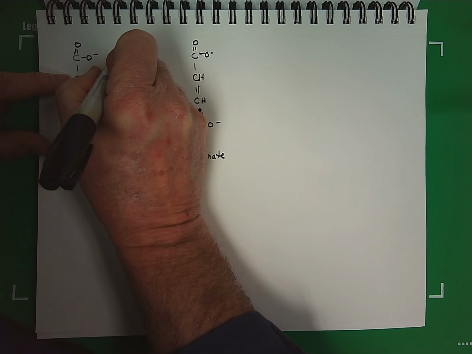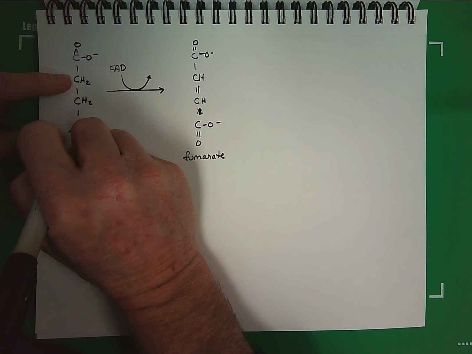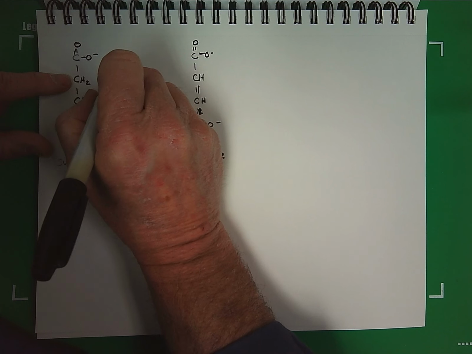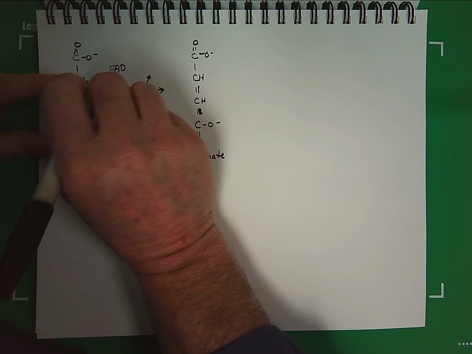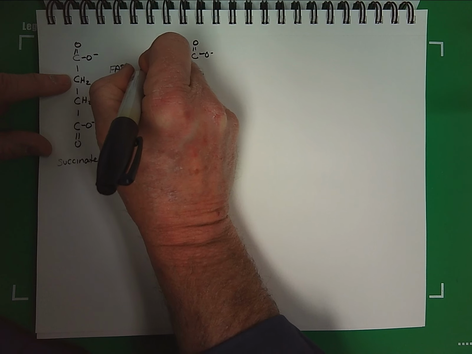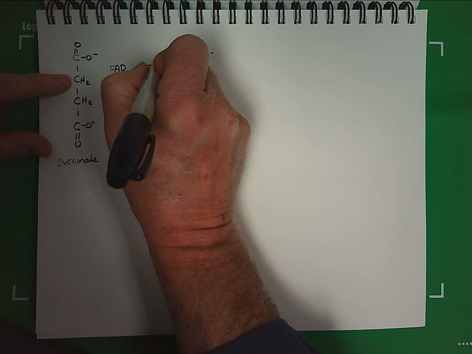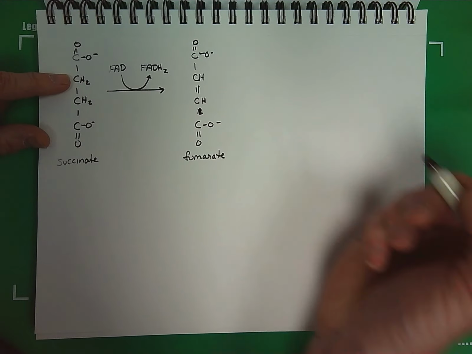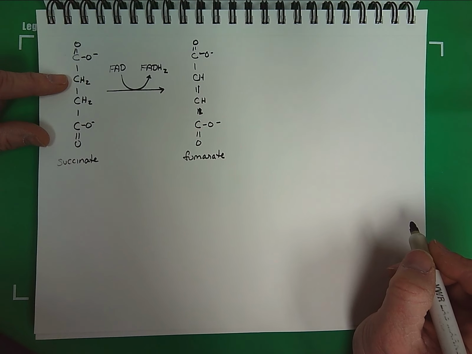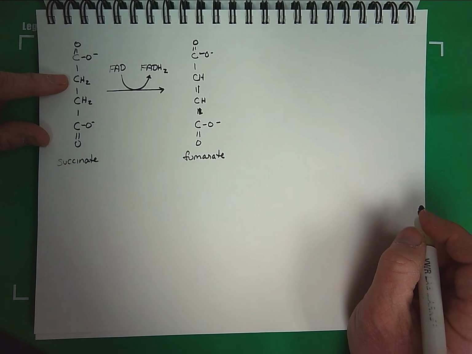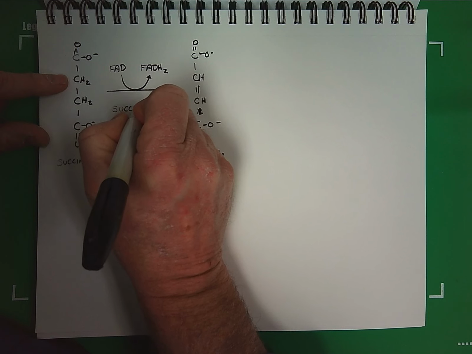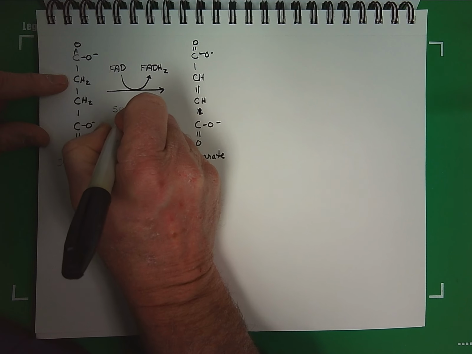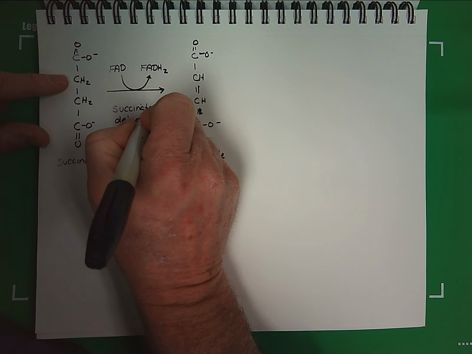These are single electron transfers, and so they are going to be transferred not to NAD, which requires 2 electron hydride transfer, but rather to FAD to make FADH2. This enzyme, of course, is a dehydrogenase, and it is called succinate dehydrogenase.